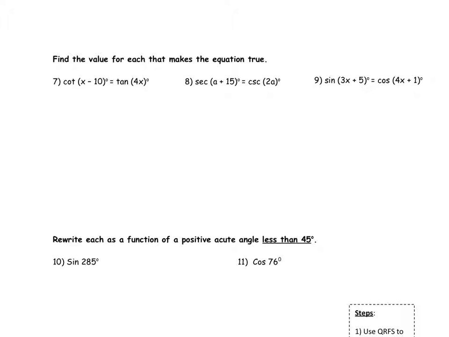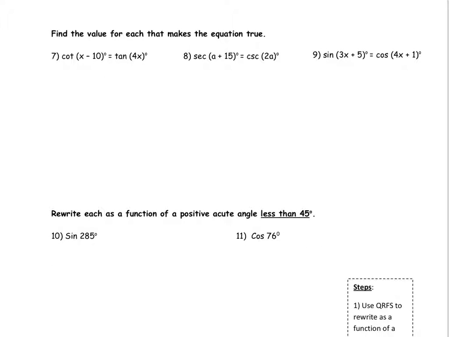Okay, so find the value for each that makes the equation true. These problems you necessarily can't do in your head, but we know that cotangent and tangent are equal if this angle and this angle add to 90. So when you can't do them in your head, you have to make an equation. So we know that x minus 10 plus 4x has to add up to 90.